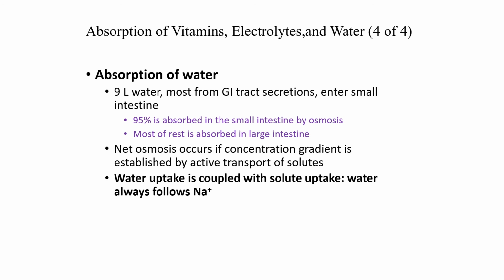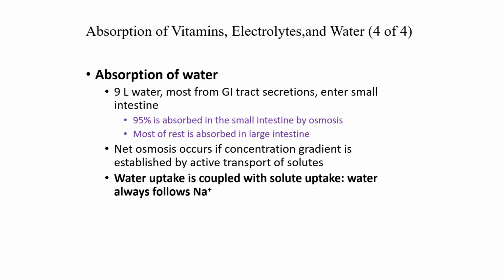You're going to absorb 9 liters of water a day. Whoa! No wonder we gotta pee. And of course, the more you drink water, iced tea, coffee, whatever, you're going to absorb a little bit more.